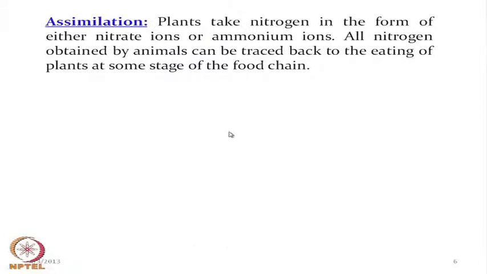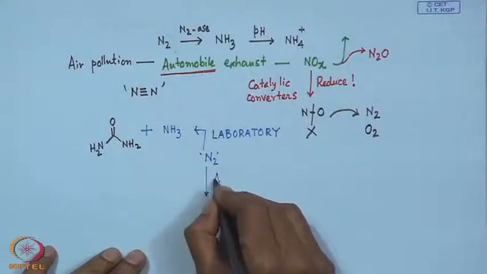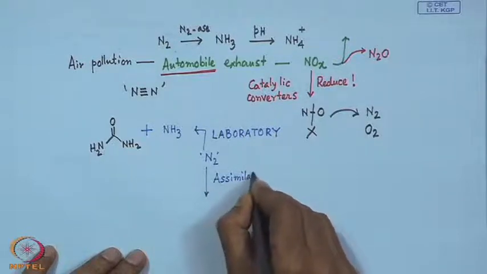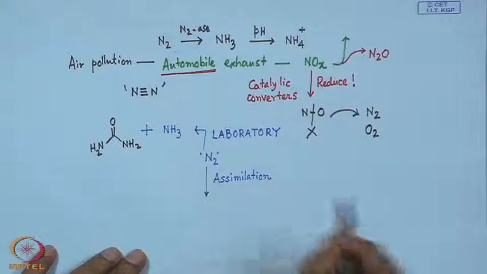So, if we consider from the bacterial point of view and the plants that are present, some of these things we can consider as the assimilation reaction. So, when we have the plant, we basically get the nitrogen in the form of the nitrate ion or the ammonium ion. So, this we can consider as the fixation, and then the assimilation reaction based on this nitrogen.